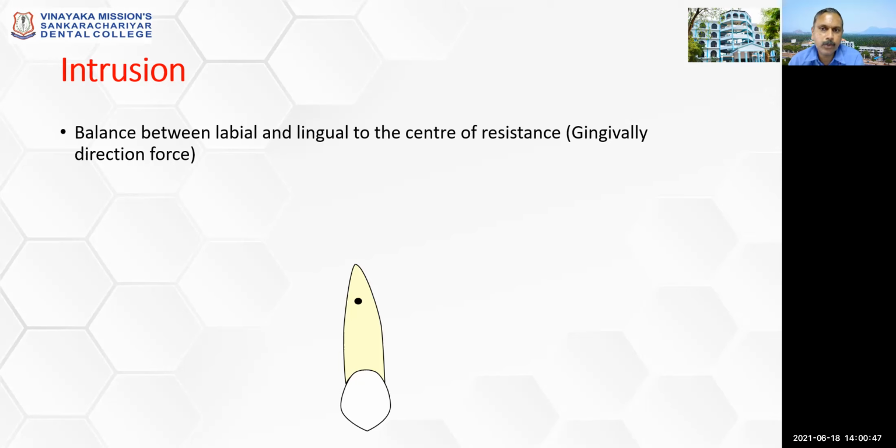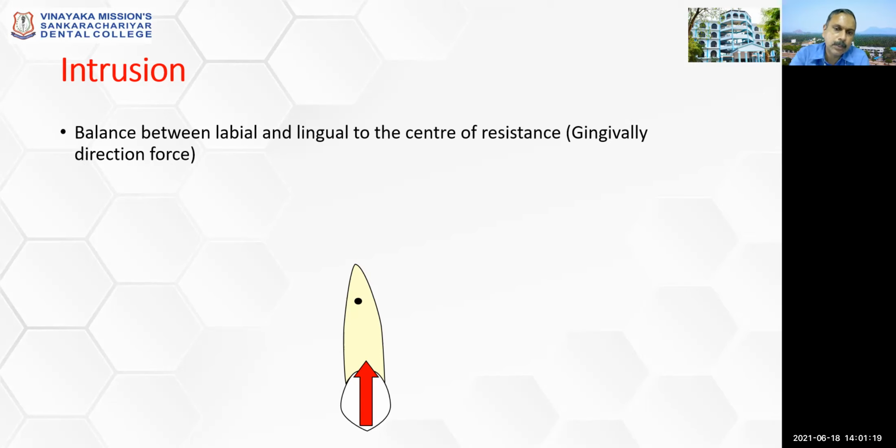So when you would like to apply a force, the force which is applied from the crown area towards the gingival, the crown and the root has to move up, or if it is in the lower arch, down. That is called intrusion. See now, an arrow mark is kept there. That arrow, the direction of the arrowhead is up. That is for a tooth which is in the maxillary arch.